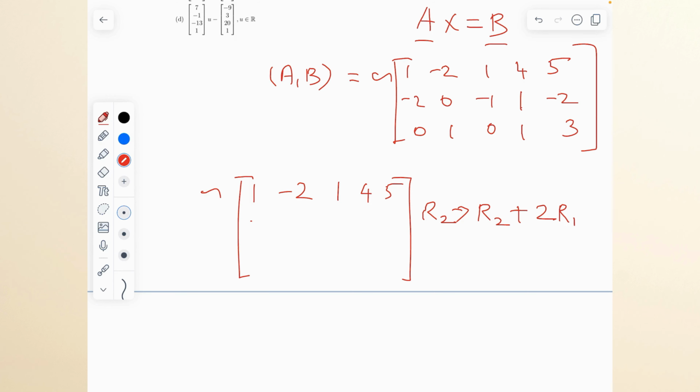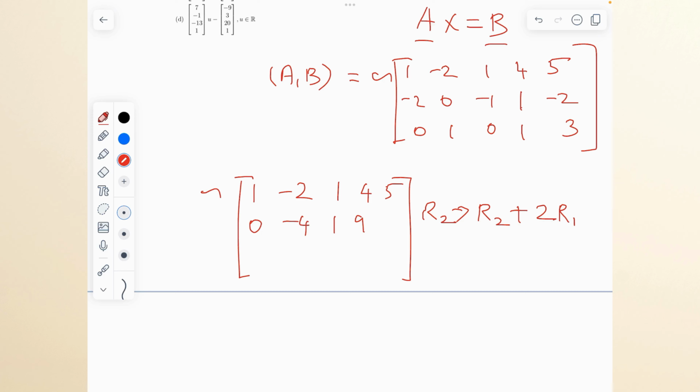So minus 2 plus 2 times 1, it is definitely 0. And here 0 plus 2 times minus 2, it is minus 4. And next minus 1 plus 2, it is 1. Next 1 plus 2 times 4, it is 9.